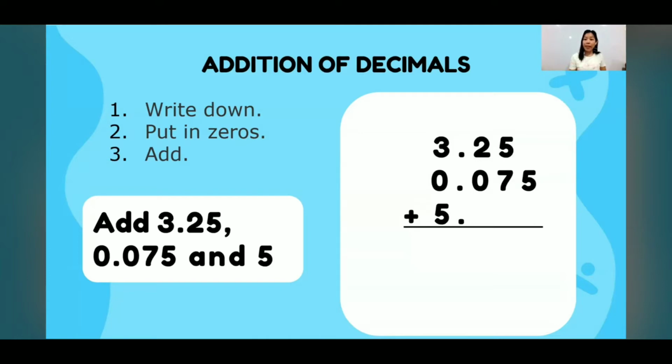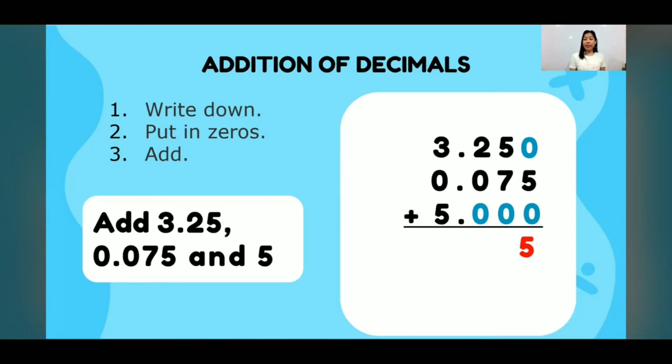That is automatic, okay? After every whole number, there is a decimal point. The next one is to put in zeros. This one gives us a better view since all numbers will have the same length. And the last step is to add all the numbers just like how we add whole numbers.